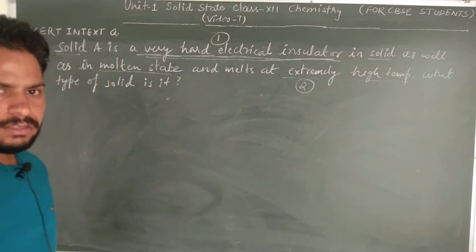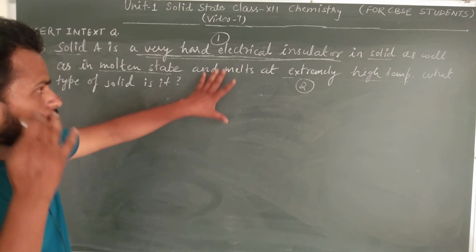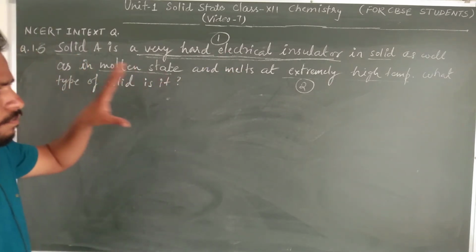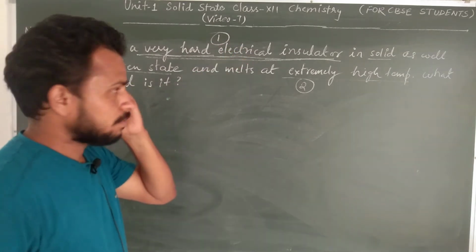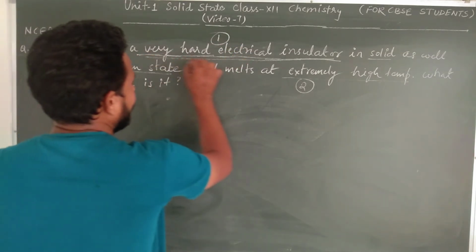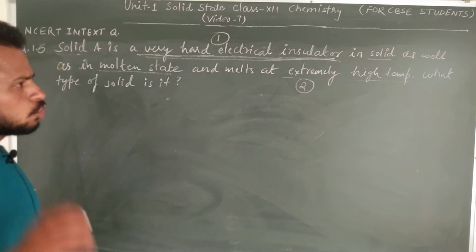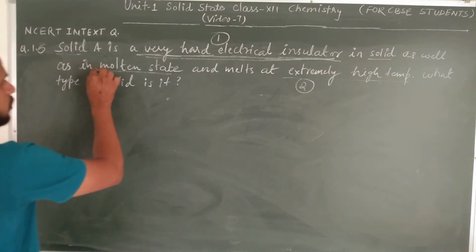There are two properties, and we focus on these two properties, and finally we get the answer if we observe them. So first is very hard, electrical insulator in solid as well as molten state.